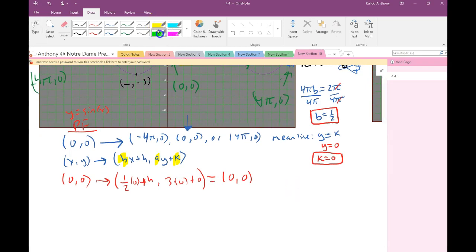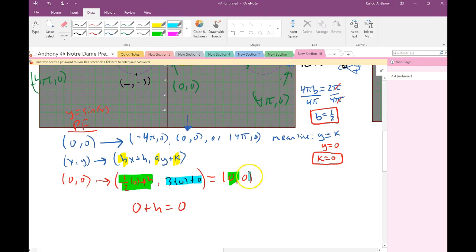So that tells me the x-coordinate here has to equal the x-coordinate here. So 1/2 times 0 is 0, plus h has to give me 0, and then 3 times 0 plus 0 has to give me 0. So clearly 0 equals 0, so that's fine. And then if I add 0 and h, I get just h. So it tells me h is 0.